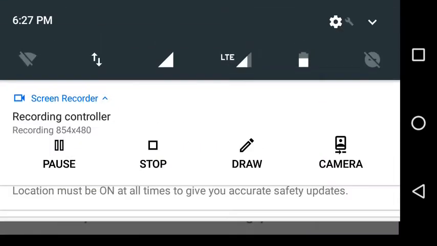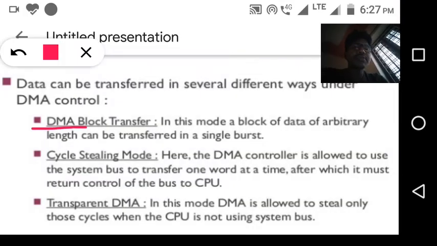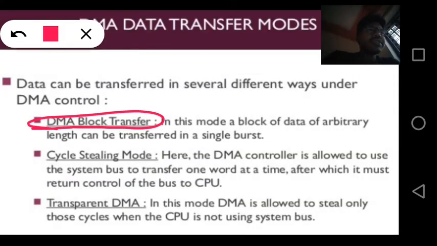The first technique is DMA block transfer. In this mode, a block of data of arbitrary length can be transferred in a single burst.